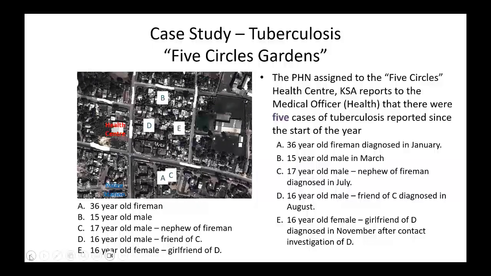Individual A got infected and was diagnosed in January. Subsequent to that, contact C, who lived with him, was diagnosed in July. The friend of C was diagnosed shortly thereafter, and the girlfriend of C was diagnosed subsequent to that. So we need to properly understand the relationships between these individuals.